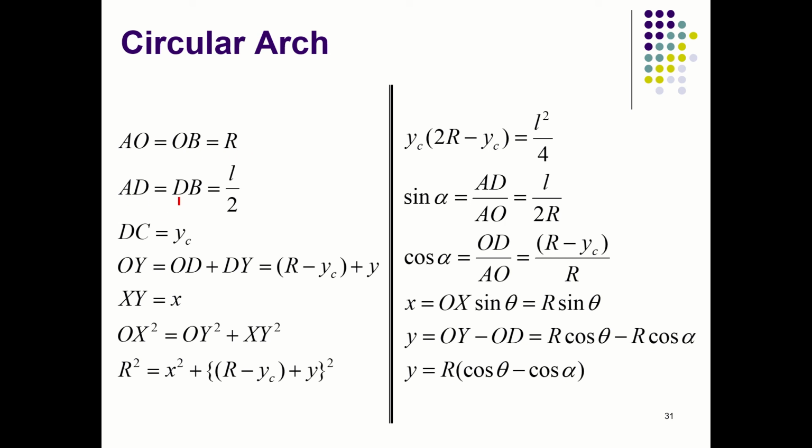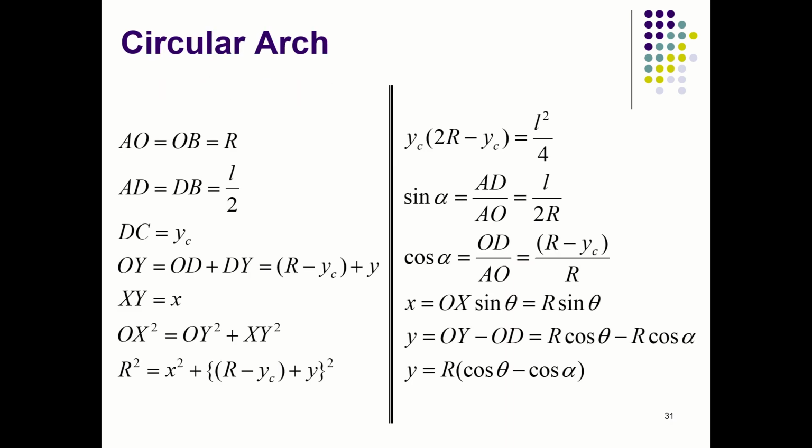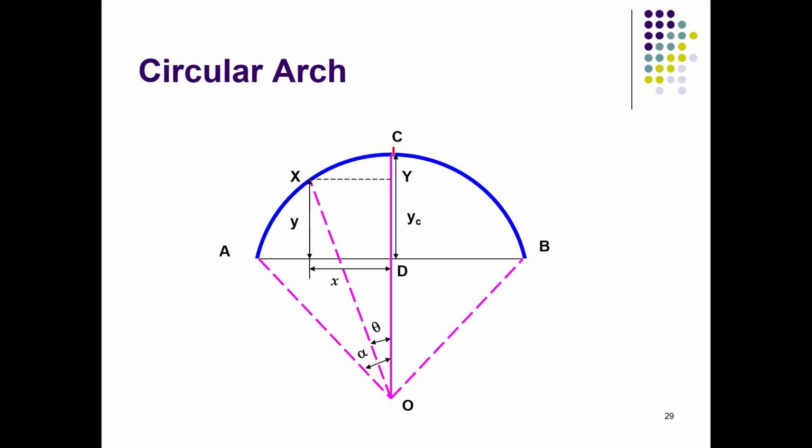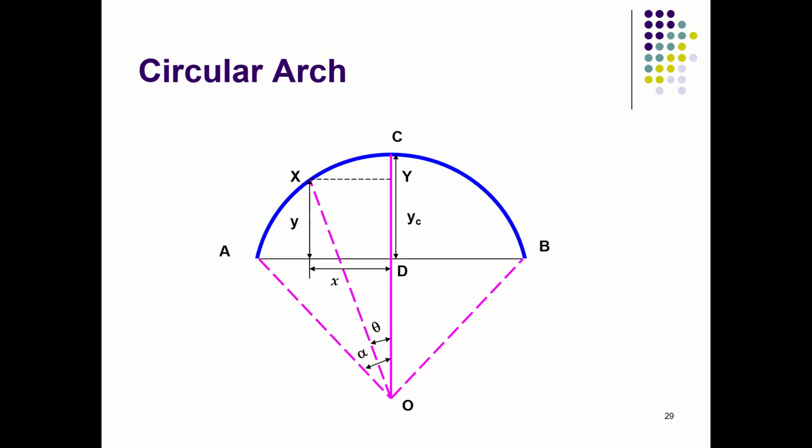AD is equal to DB is equal to L by 2. DC is equal to yc, we know very well. OY is equal to OD plus DY, right? This is O and this is Y.